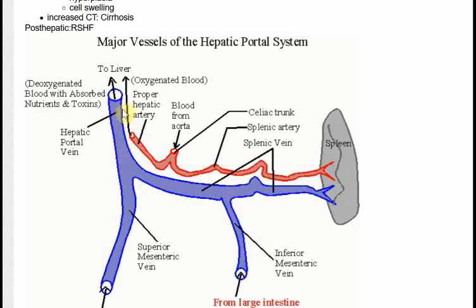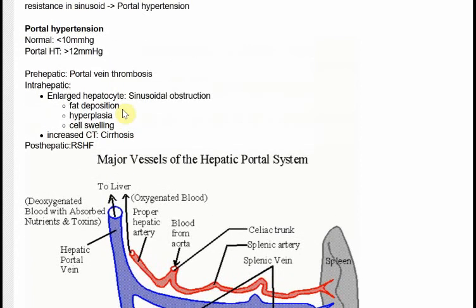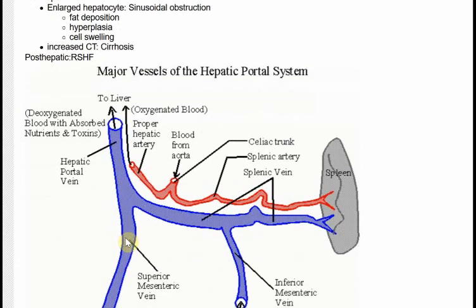The normal pressures here are rather low in the portal vein, less than 10. But in portal hypertension, you can have more than 12, even double, 20. And that is bad. So the reason for that is because you've got connections. And the portal liver is not used to such a high pressure system.